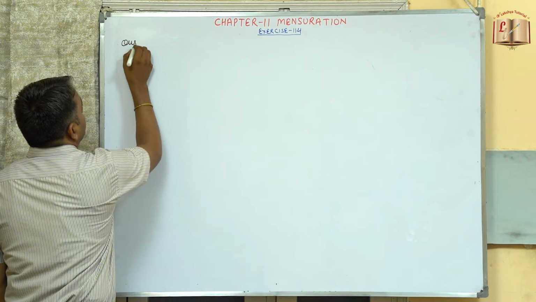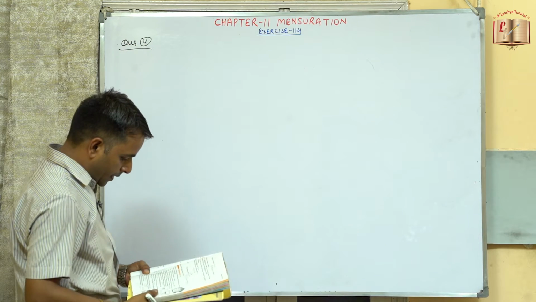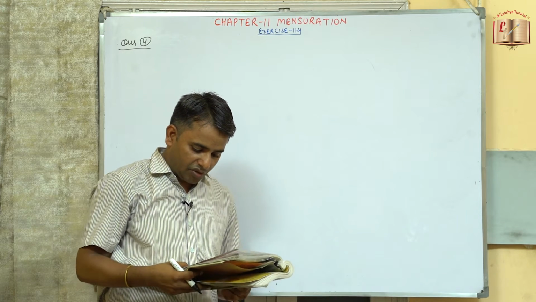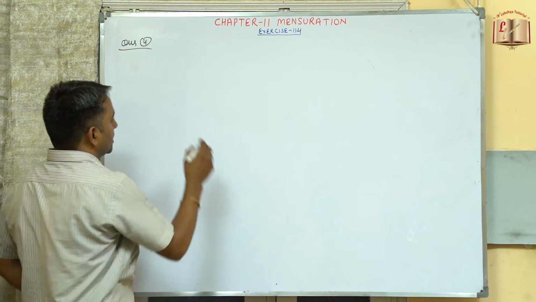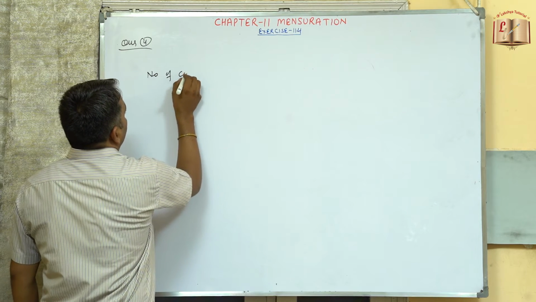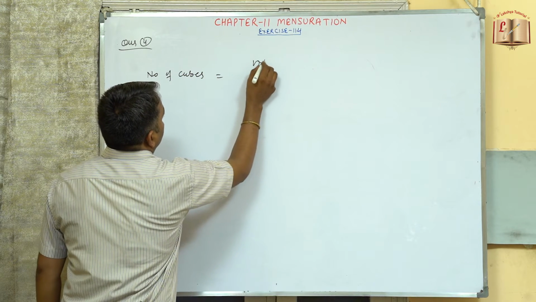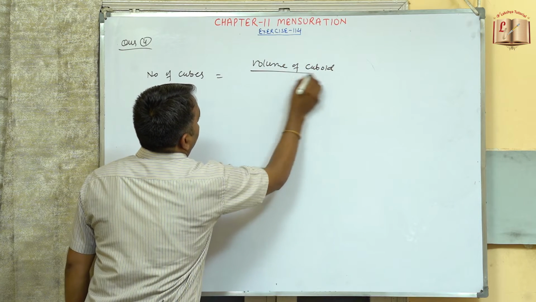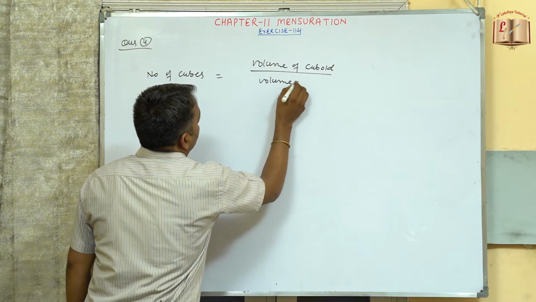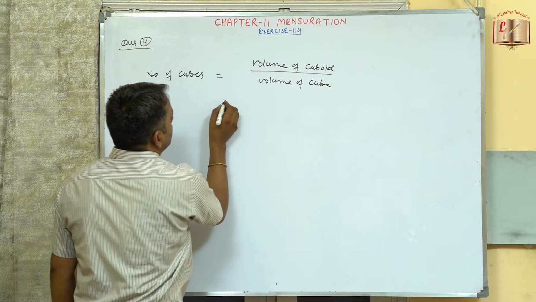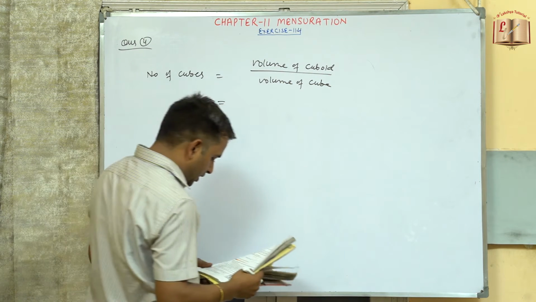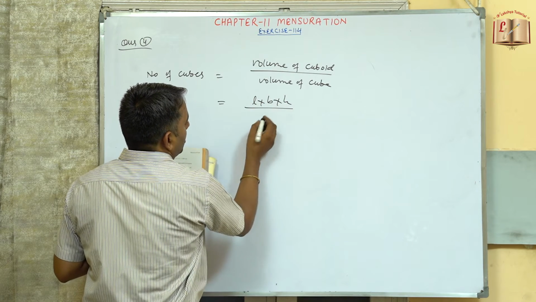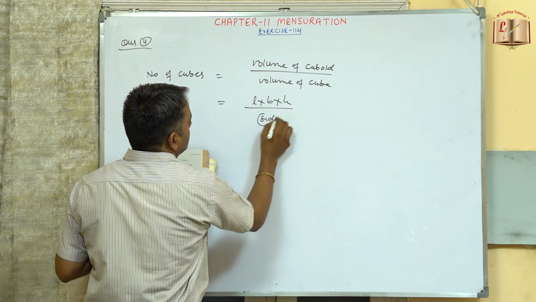Now coming to question number 4. A cuboid of dimensions 60, 54 and 30. How many small cubes with the size 6 centimeter can be placed in the given cuboid? So number of cubes will be equal to volume of cuboid divided by volume of cube. Volume of cuboid is length into width into height, divided by the volume of the cube, side cube.